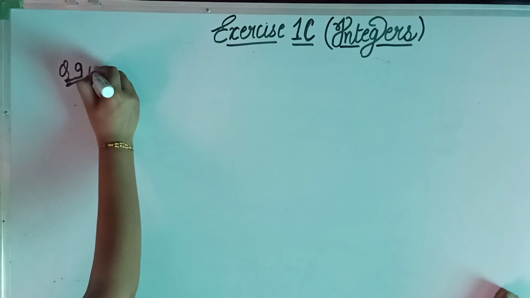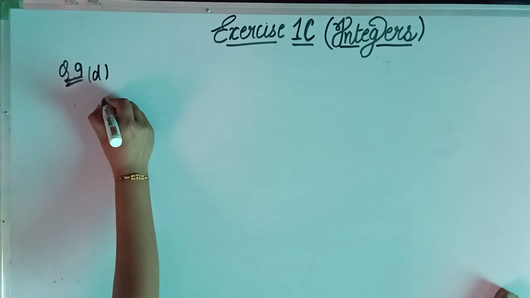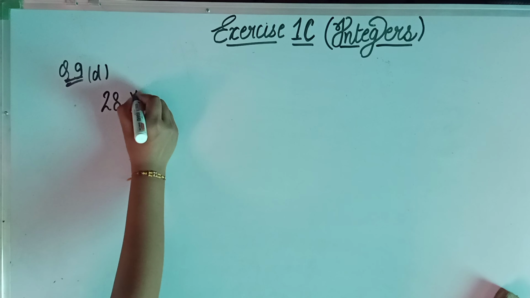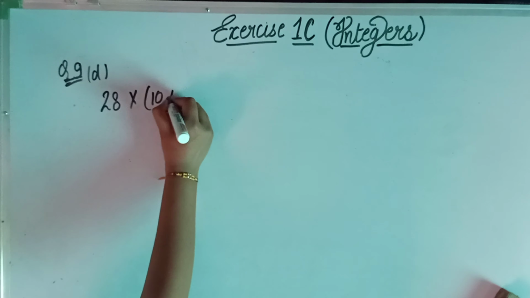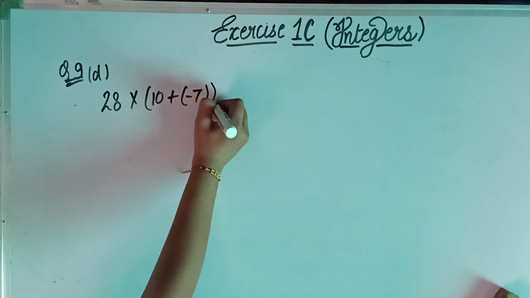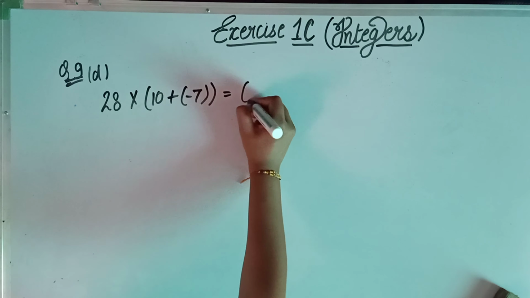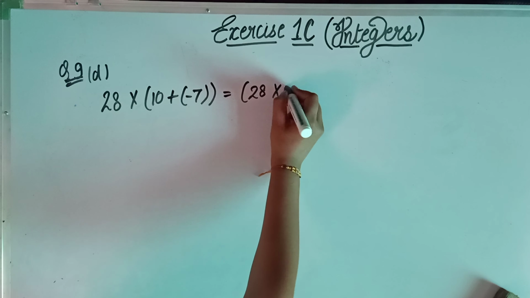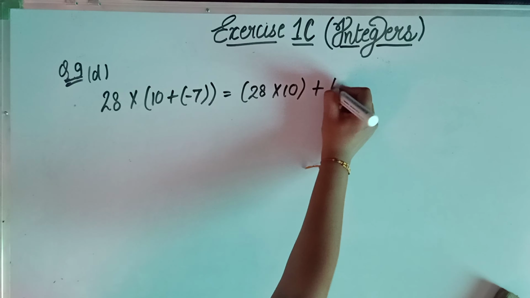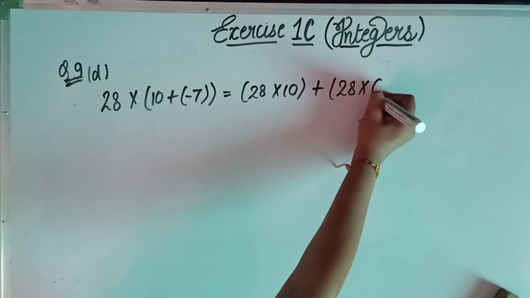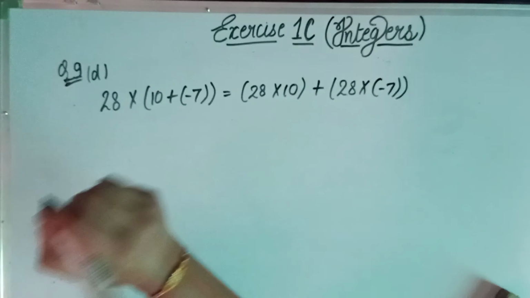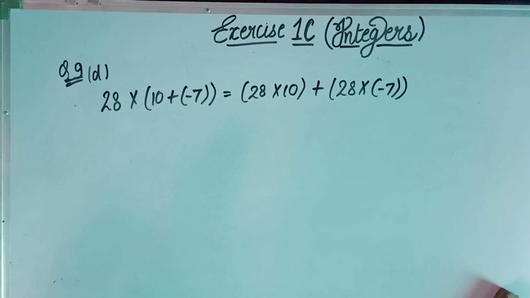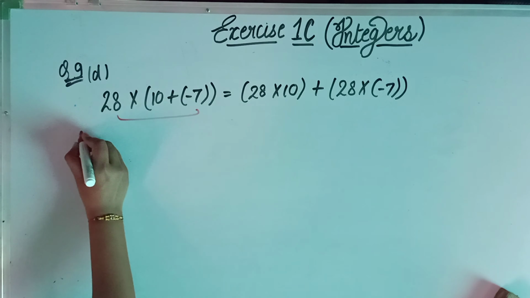Now the D1 is 28 multiplied by 10 plus minus 7 is equals to 28 multiplied by 10 plus 28 multiplied by minus 7, that is what we have. Okay, so firstly we are going to prefer to solve the LHS part, that is this.